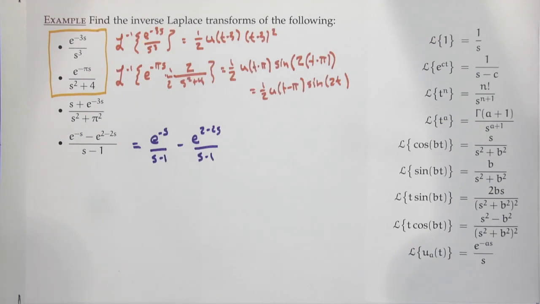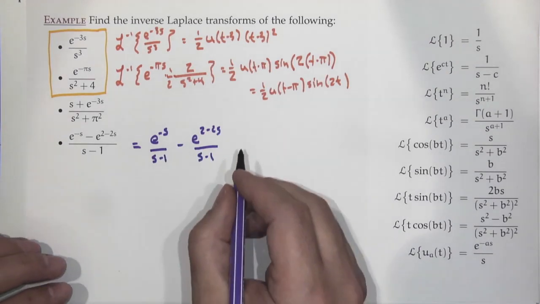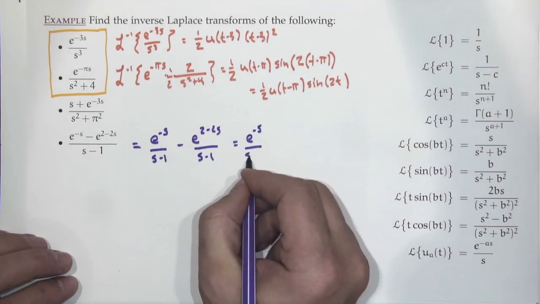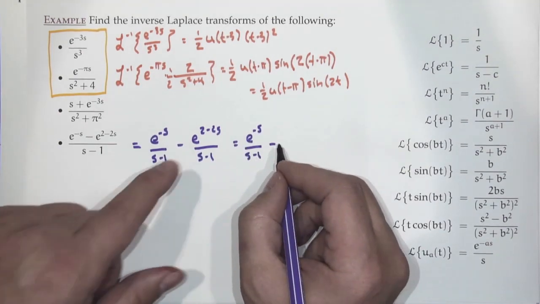Now, how do we handle this e to the 2 minus 2s? If you just had e to the minus 2s, life is good, I can do that. But there's that e to the 2 minus 2s. Well, we can use properties of exponentials.